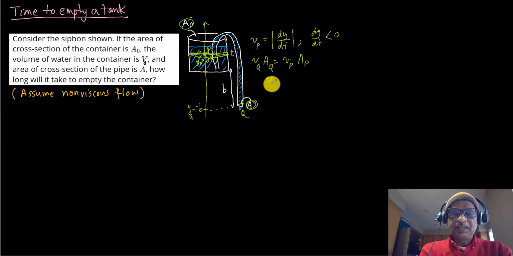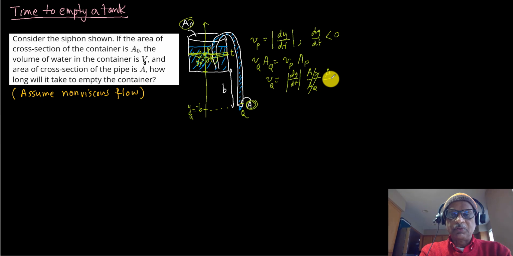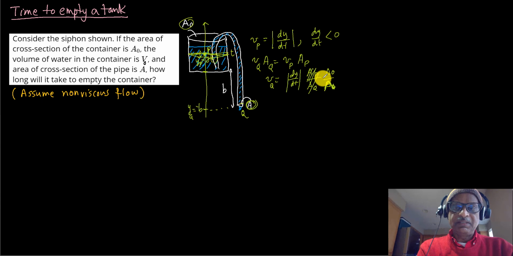So this v at q will be dy/dt, and it's a at p over a at q, which is just a0 over a. This will be in the given symbols.